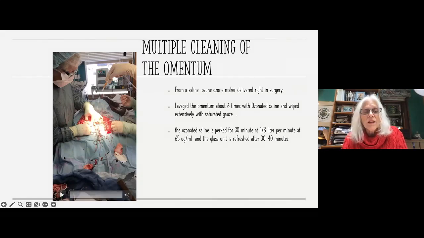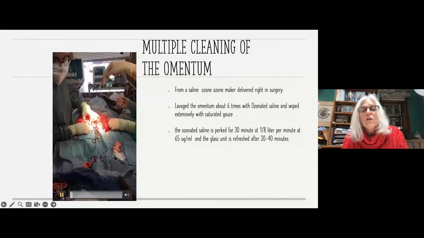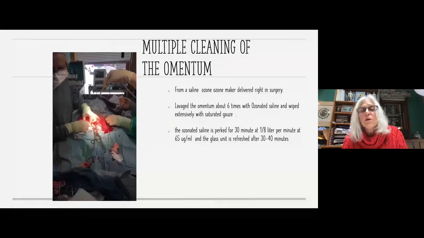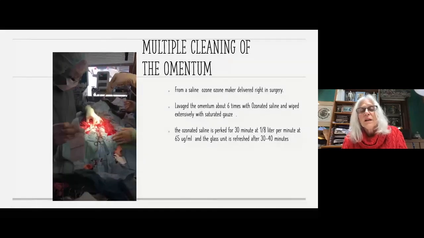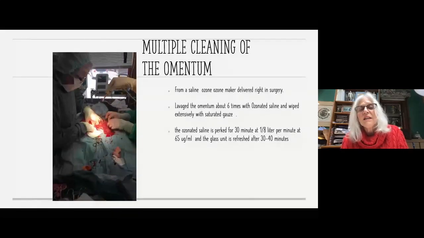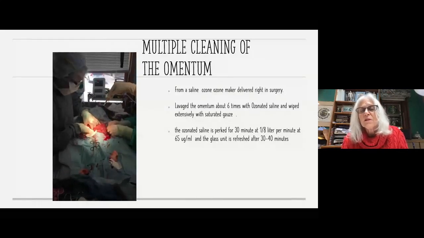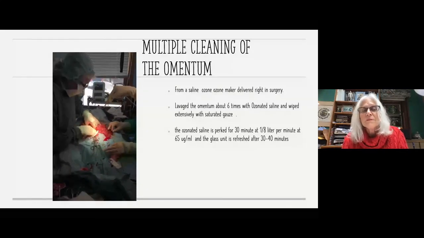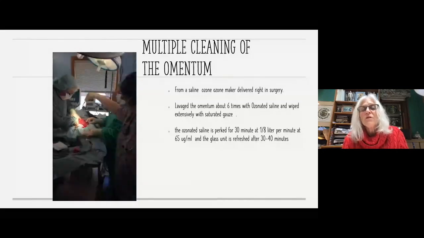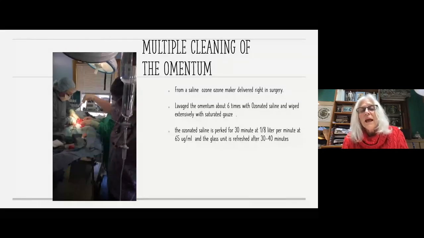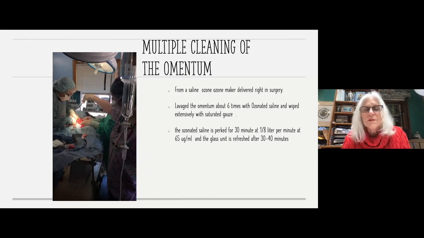Here's just another quick video of lavaging all the organ systems in there, whether it's the intestines or whatever we're doing, cleaning and flushing, trying to reduce the amount of bacterial load that's in the abdomen. So we have the ozone saline in the room, and we're just using that directly as it's bubbled right out into the abdomen.